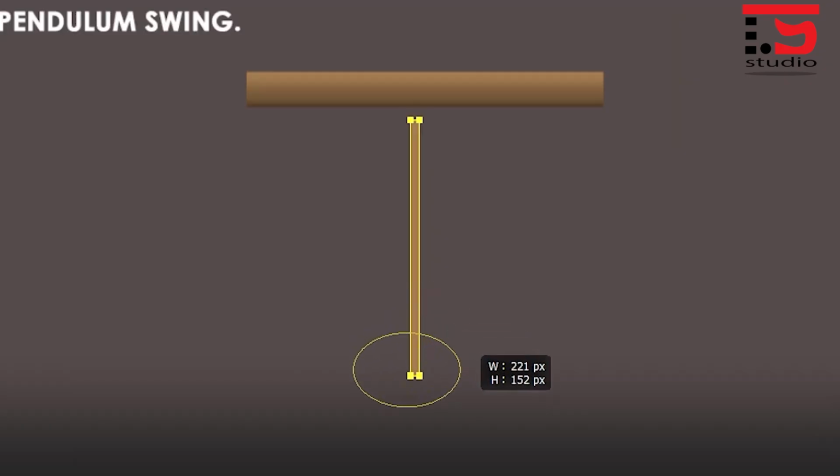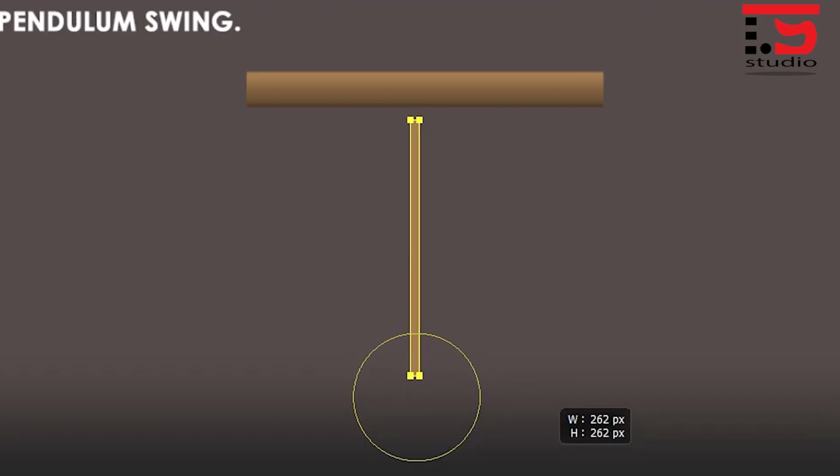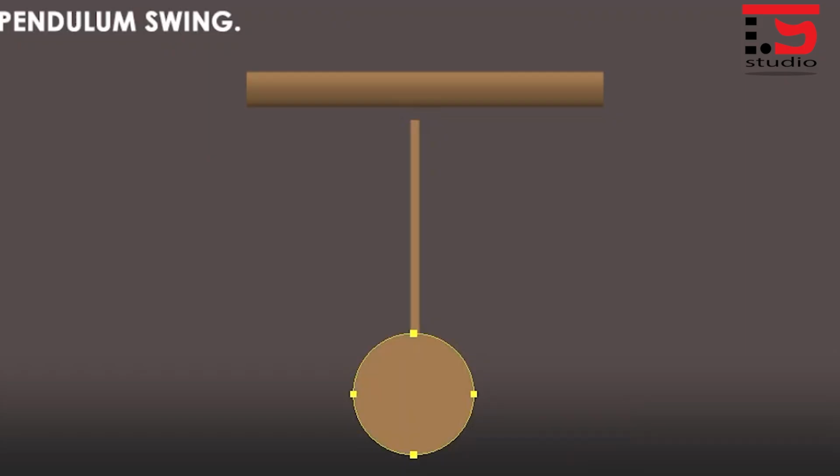I'll do a perfect circle. So to make a perfect circle in Photoshop, you will left click, drag and hold shift on your keyboard.